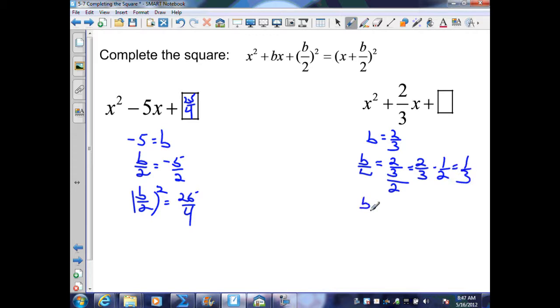Now I want to take b over 2 and square it. 1/3 squared is going to be 1/9. So my missing term is 1/9. Now I could write this as x plus 1/3 quantity squared.